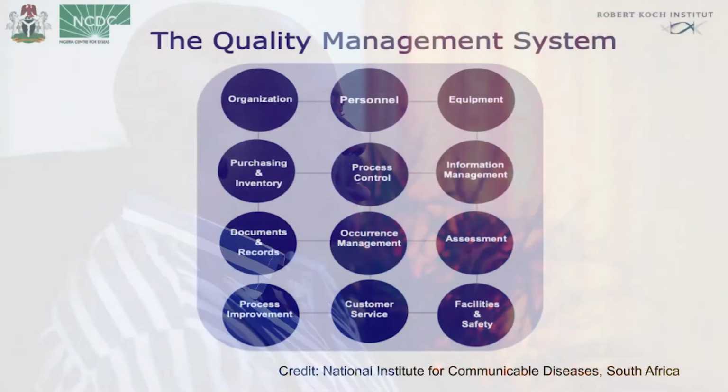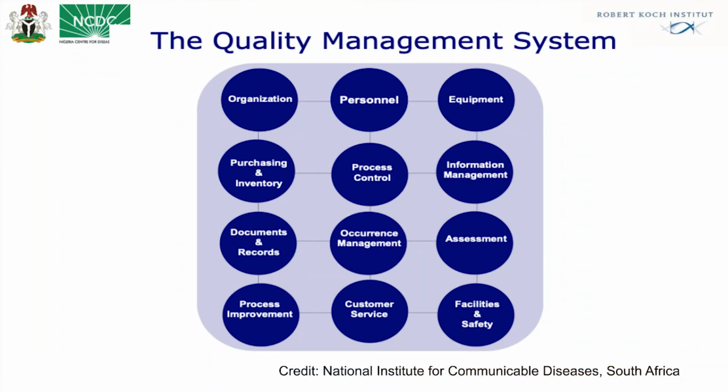The following are 12 essential quality management systems, which are applicable to all testing in a laboratory. That is, we have organization, personnel, equipment, purchasing and inventory, process control, information management, document and records, occurrence management, assessment, process improvement, customer service, facility, and safety.